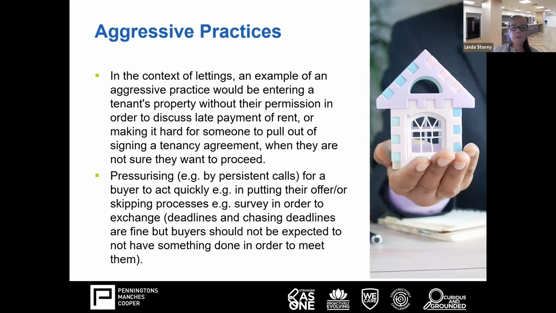This is asking buyers to skip processes which are appropriate for them to do, forcing them, not that we've ever known anyone in the sector to do it, but asking for exchange without searches and so on and so forth. So this is out of the ordinary aggressive practices.